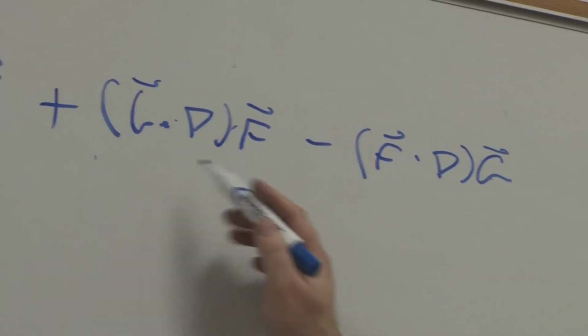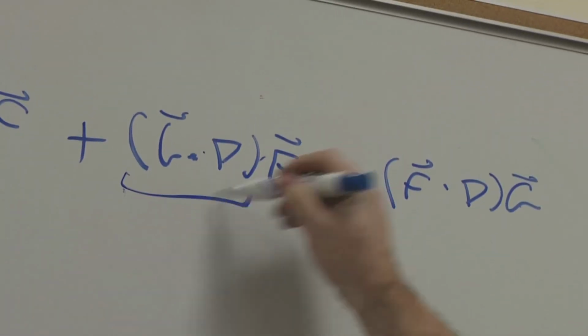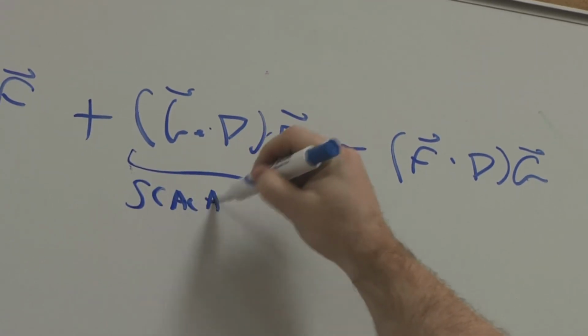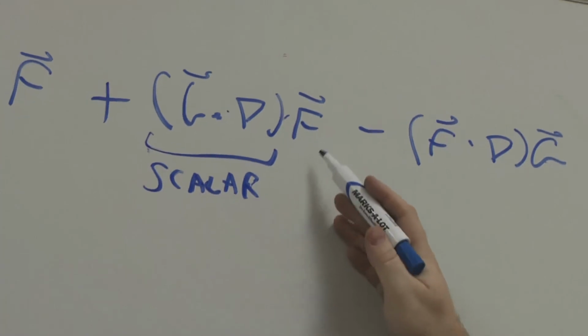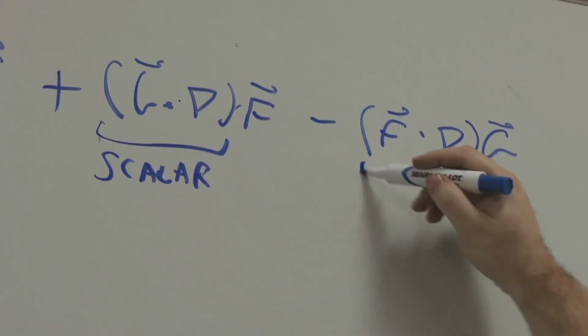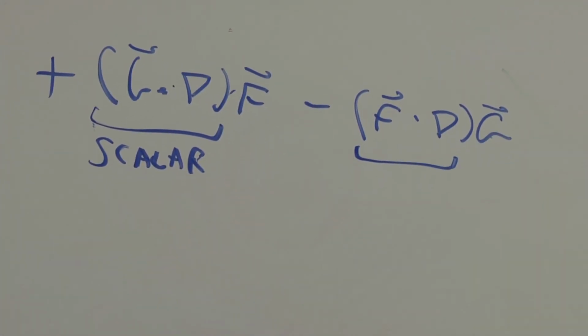Really what we have is, this is a scalar, and it's a function of x, y, and z, but it's still a scalar, multiplying the vector field F. Here we have a scalar also multiplying the vector G.